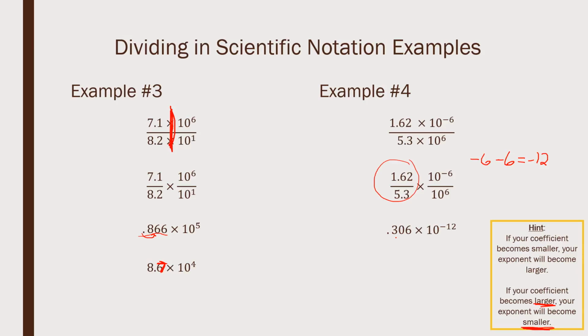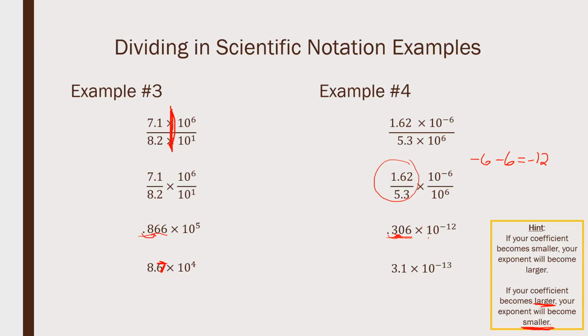Okay. Now again, this number is much smaller, and you'll see this happen a lot sometimes when you're doing the division problems. And it needs to become larger so that it's between 1 and 10. So if I move this over 1, and this number is becoming larger, this exponent has to become smaller. So for it to become smaller, it's going to need to get farther away from 0 this time, which means it's going to become a negative 13.